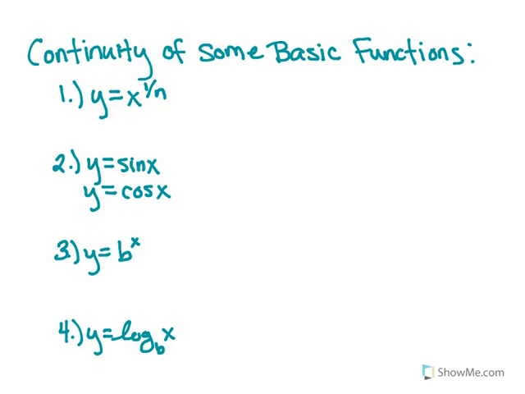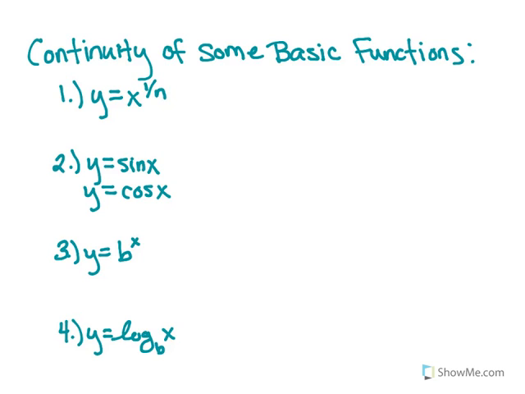Okay, so there are actually some basic functions that we can discover the continuity of pretty quickly if we know some rules. So the first one is if we have y equals x to the 1 over n. In other words, if it's to the 1/2, 1/3, 1/4.